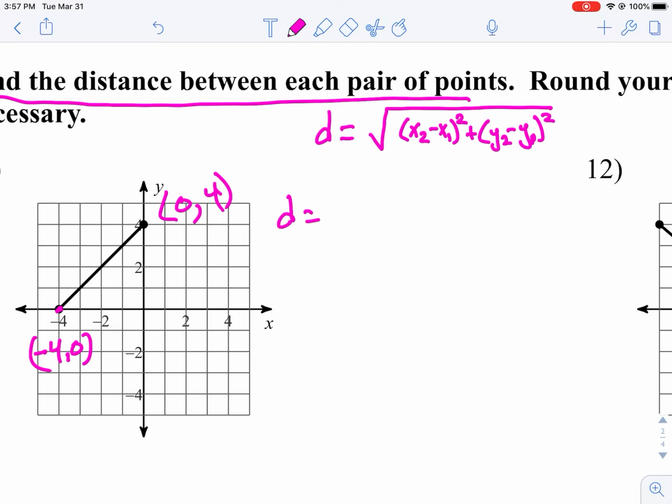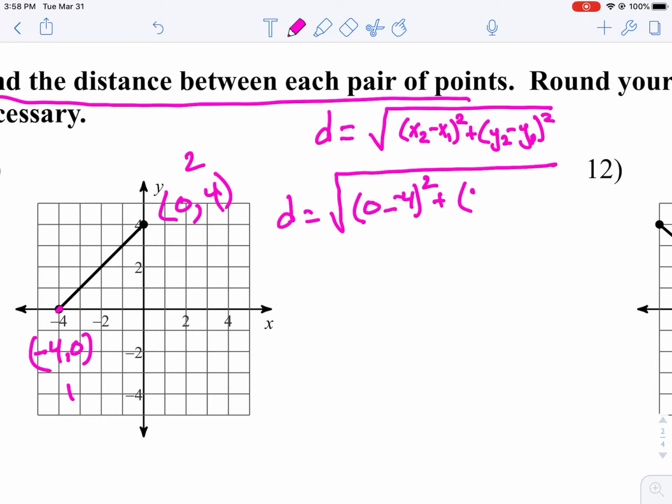We have D equals, and you're probably going to need your calculator. Call that point 1, point 2. So X of the second point, which is 0, minus X of the first point, which is -4. So it's minus and negative. So that'll be some work there.